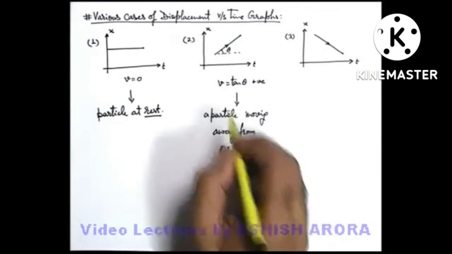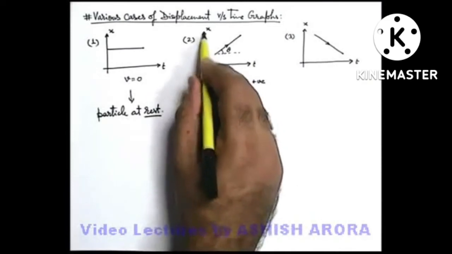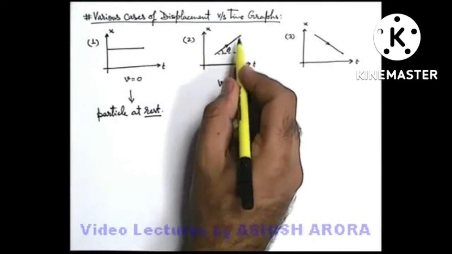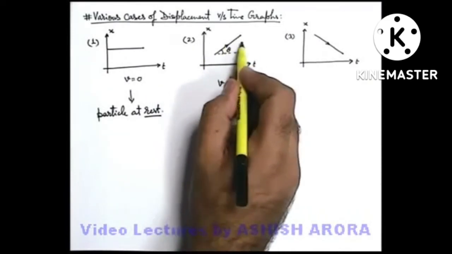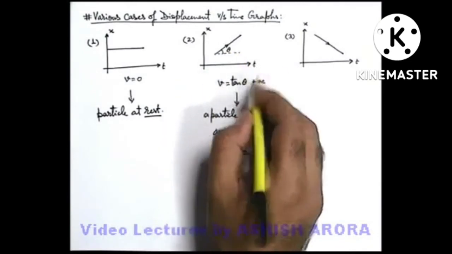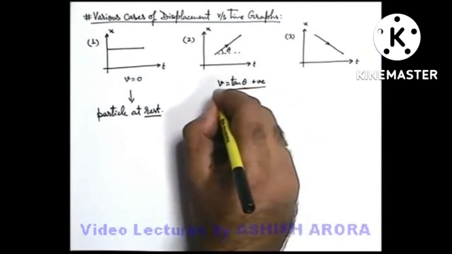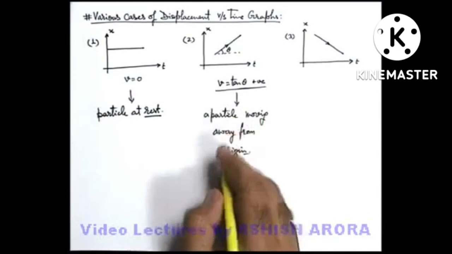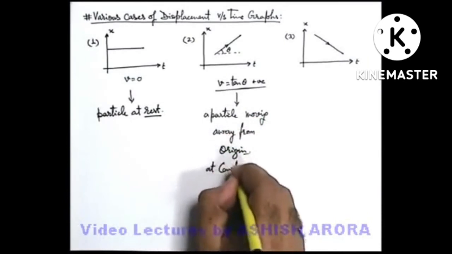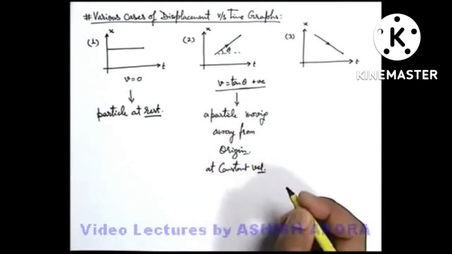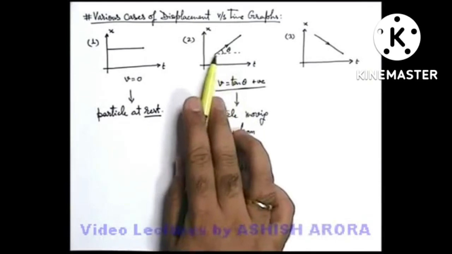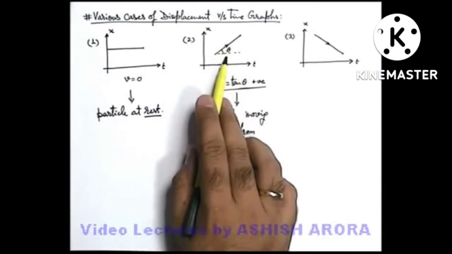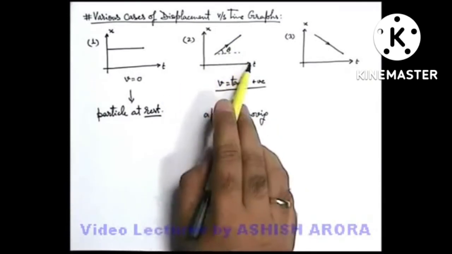I've written away from origin because you can see with time the position or x coordinate of the particle is increasing, and at every point its slope is constant, or at every point it makes a constant angle with the time axis. So the particle is moving uniformly. So you can state the particle is moving away from origin at constant velocity. This is the way we analyze such a graph, where there is a straight line having constant slope or constant angle with the time axis.